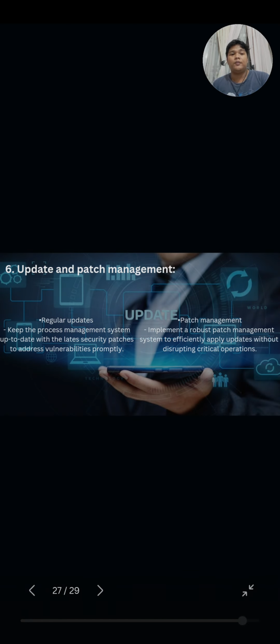Update and patch management. Regular updates. Keep the process management system up to date with the latest security patches to address vulnerabilities promptly. Patch management. Implement a robust patch management system to efficiently apply updates without disrupting critical operations. Compliance and standards.